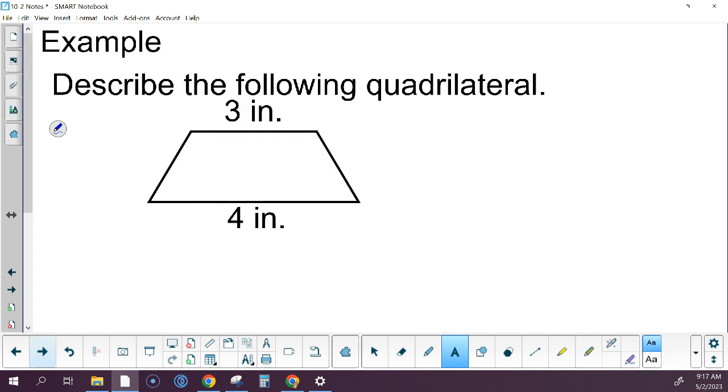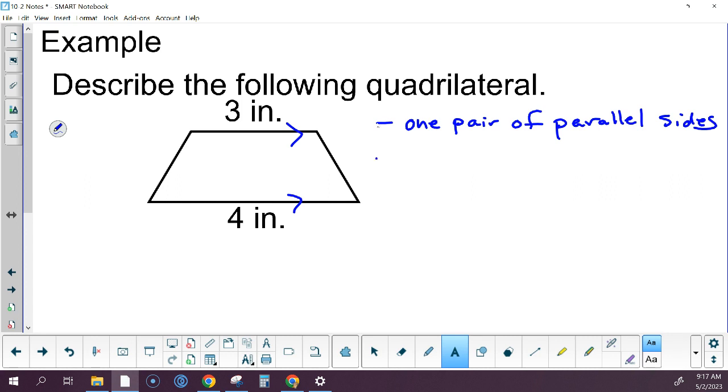Describe the following quadrilateral. Let's just talk about what it has. One pair of parallel sides right here. That's one pair of parallel sides.